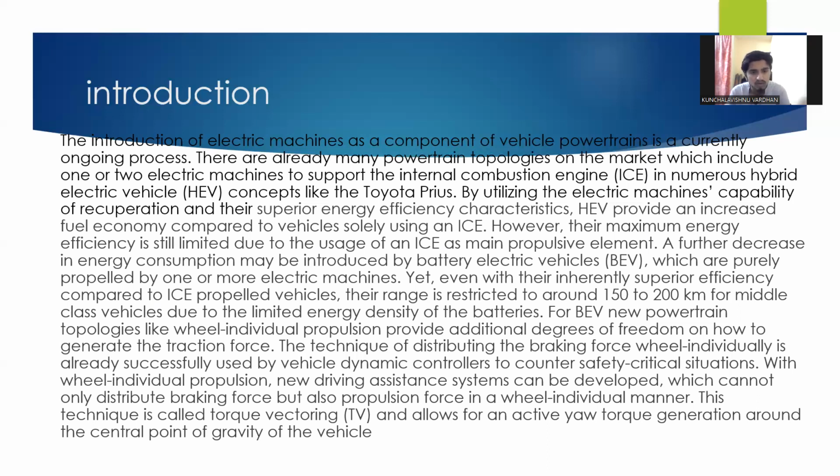This technique is called torque vectoring and allows for an active yaw torque generation around the central point of gravity of the vehicle.